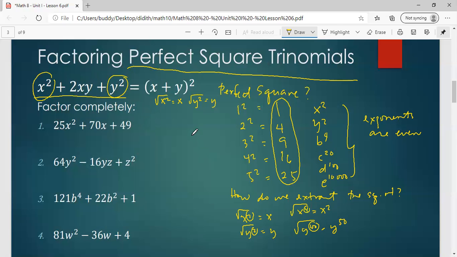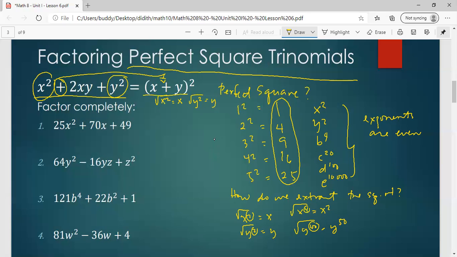The next question is, how do we get the factors? We will simply extract the square root of the first and the last terms, which are both perfect square expressions, and we write this and separate the square roots by whatever the sign of the middle term is. That's why we make use of the plus sign here and then quantity squared.